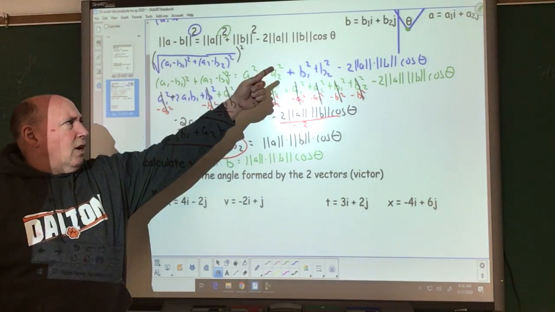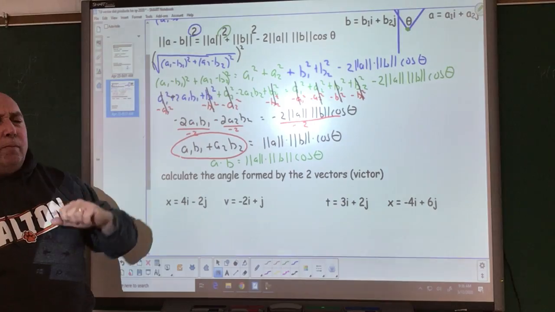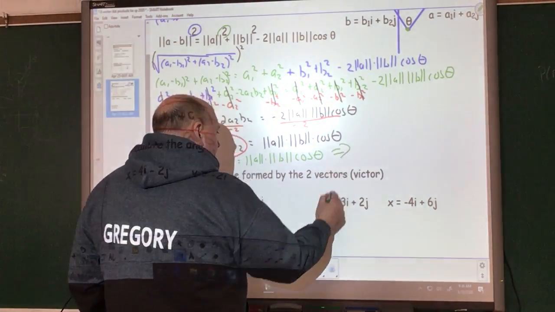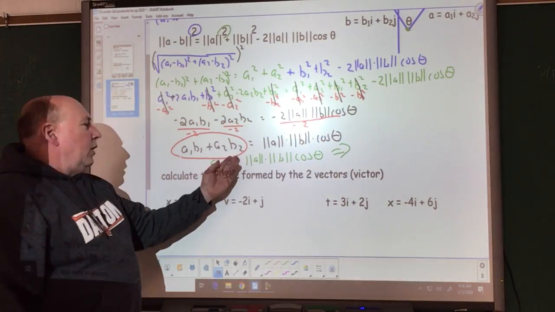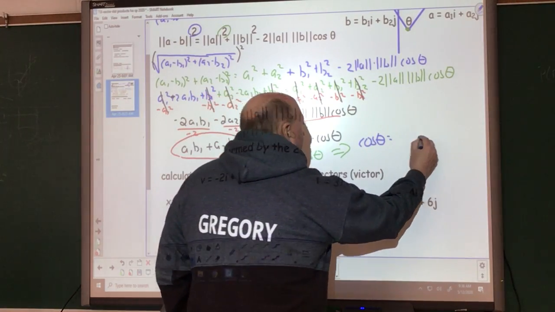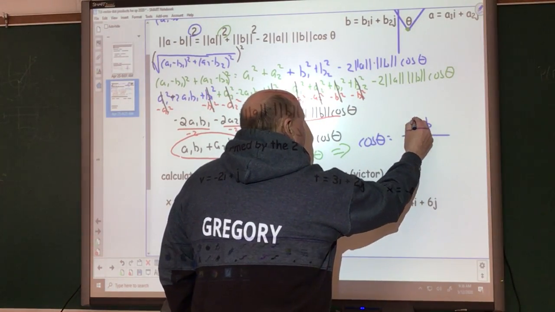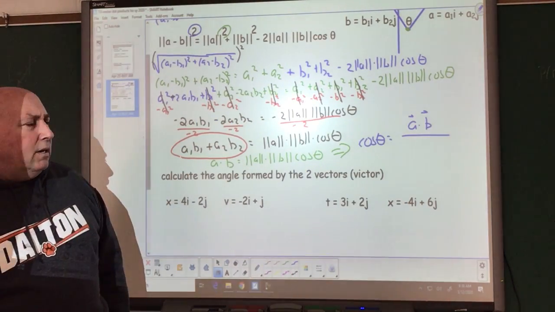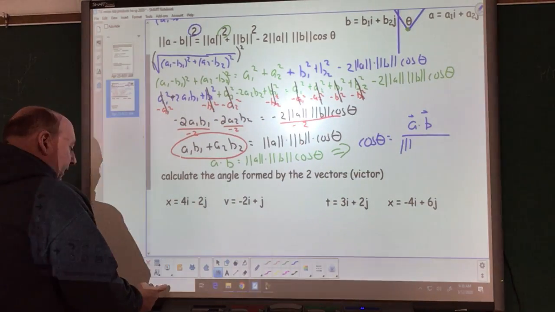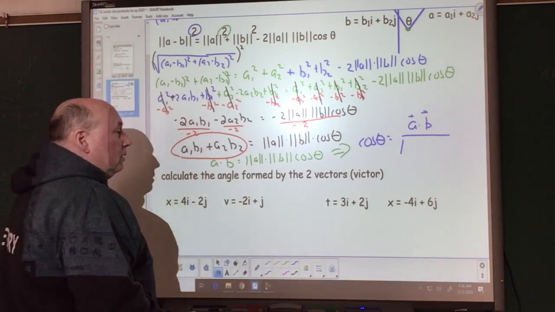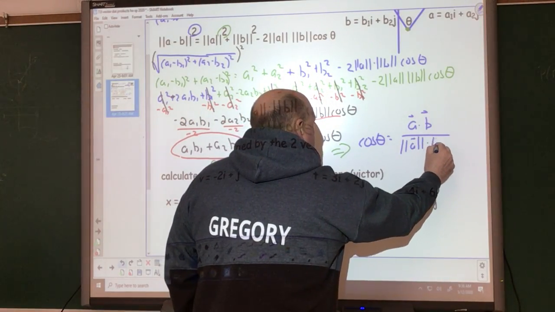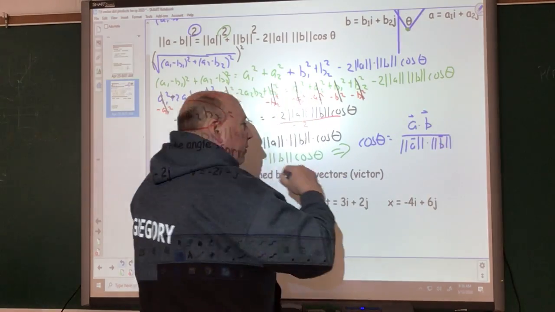Which now allows us to solve for that angle theta formed by those two vectors. The more acceptable way of rewriting this is the cosine of theta is equal to A dot B, the dot product of the two vectors, divided by the magnitudes of the two vectors.